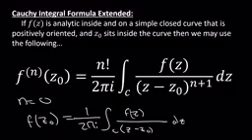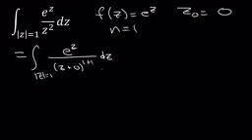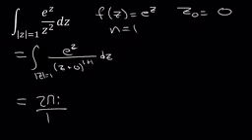So we're going to get a 2 pi i on n factorial, and then we're going to be taking the first derivative because n is equal to 1. So this whole thing ends up becoming 2 pi i on 1 factorial times the first derivative of our function at z0.